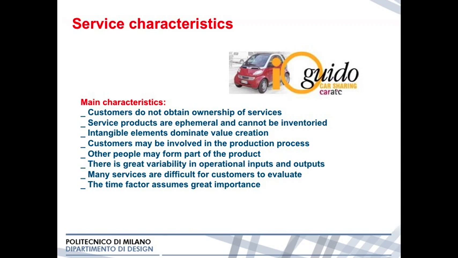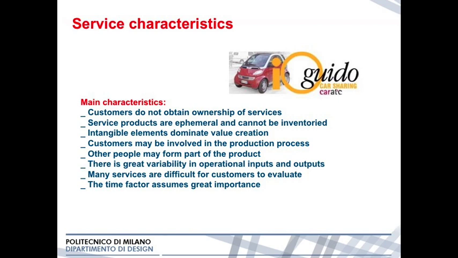So there are many specific characteristics that have been developed to describe what a service is compared to a product. So customers do not obtain ownership of a service. If I use a bike sharing, the bike is not mine. Often service products are not kept in an inventory.